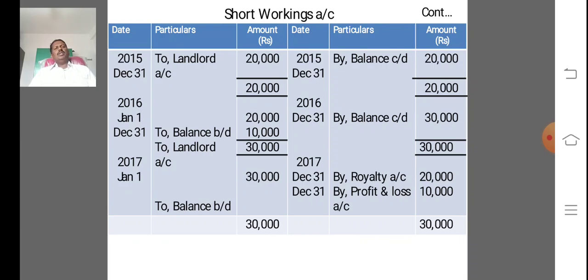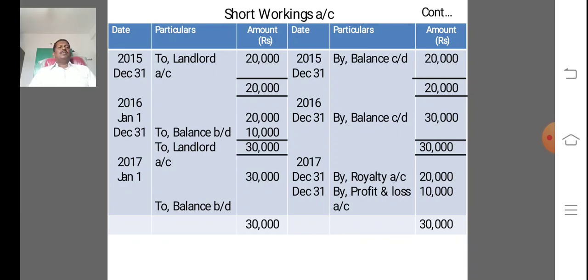Again the short workings of year 2016 is 10,000. So we are debiting in the name of landlord account 10,000. Total short workings in the year 2016 is 30,000.